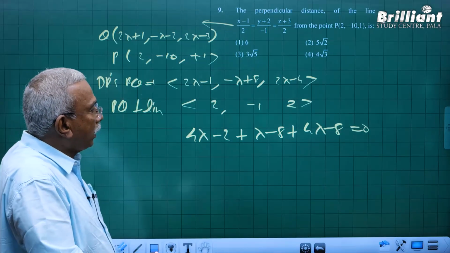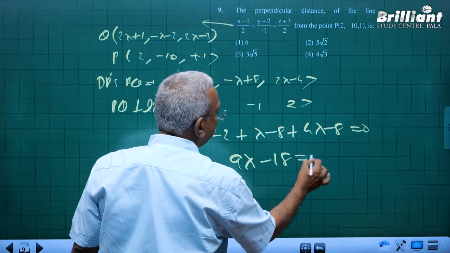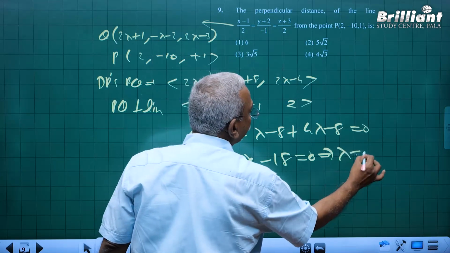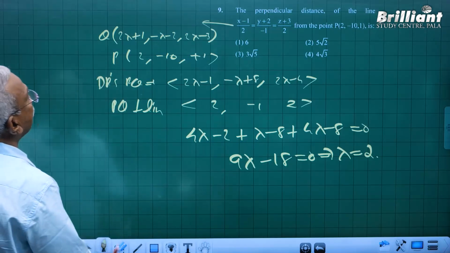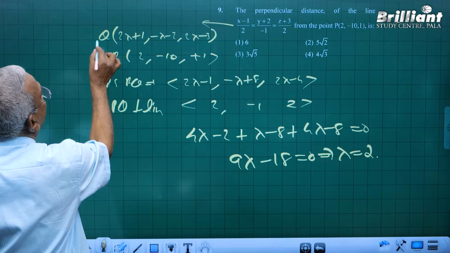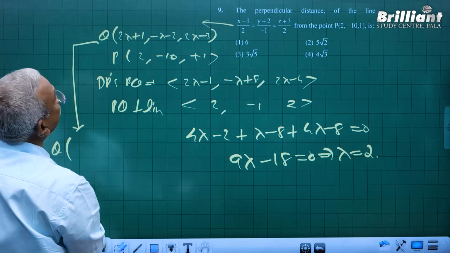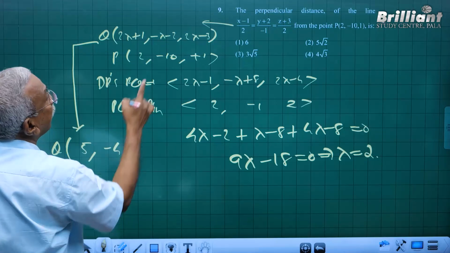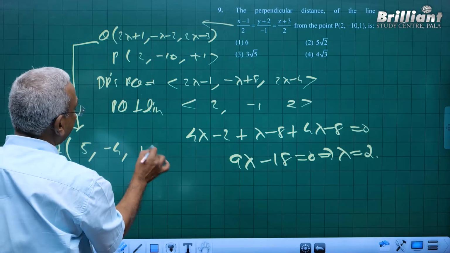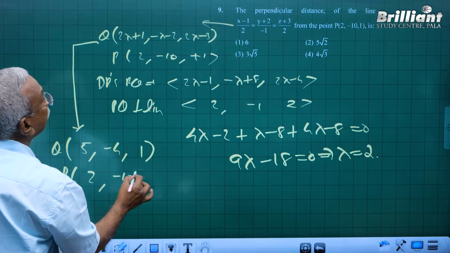What about lambda? 9 lambda minus 18 equals 0 implies lambda equal to 2. If lambda equal to 2, we can see our point Q becomes 5, minus 4, and 1. And already you know that P is equal to (2, minus 10, 1).